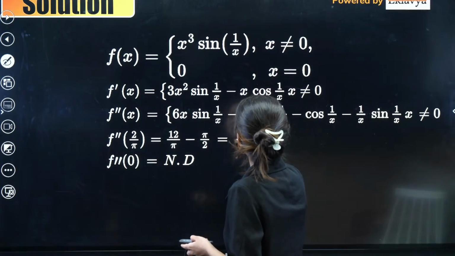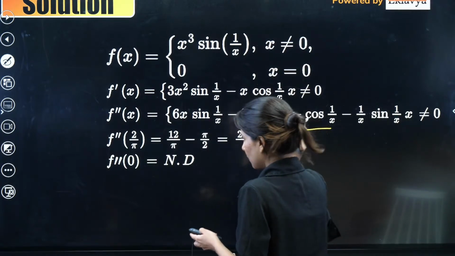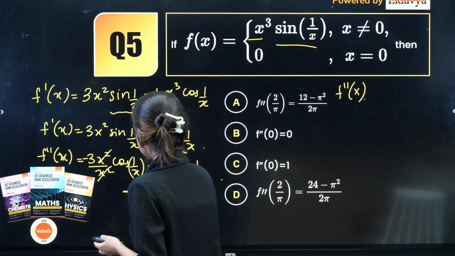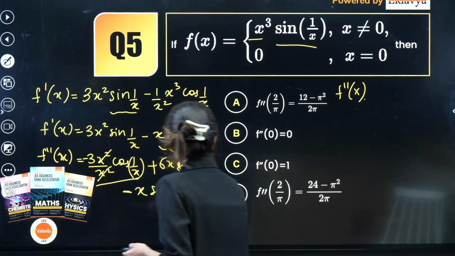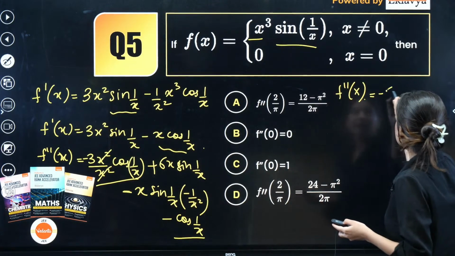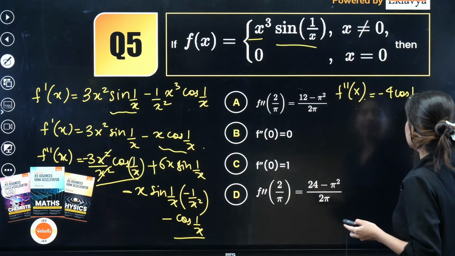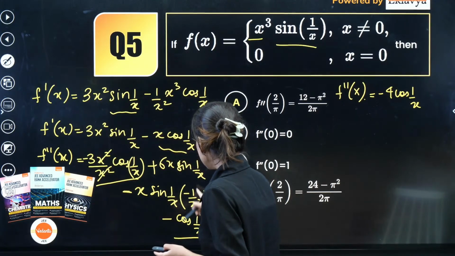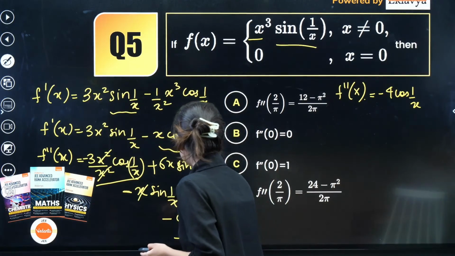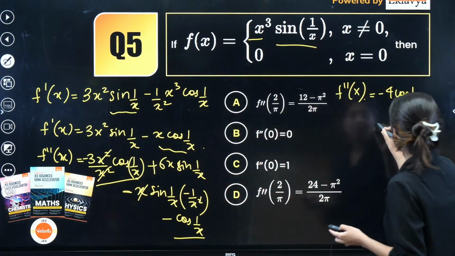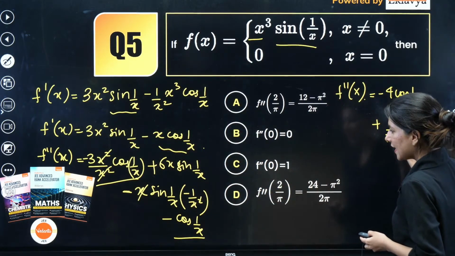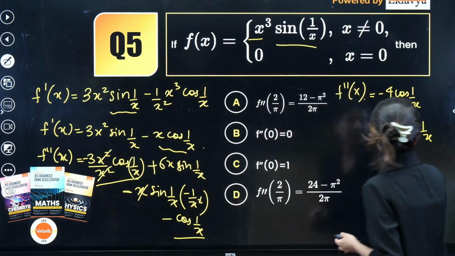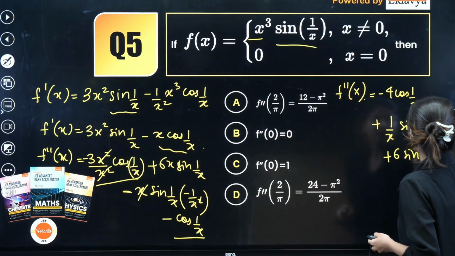Can you see f double dash x has minus 3 and minus cos? So minus 3 cos 1 by x and minus cos 1 by x will be minus 4 cos 1 by x, correct? And what about these two? Can you see this is x and x gone, so minus times minus gives plus 1 by x sine 1 by x, plus 6x sine 1 by x.